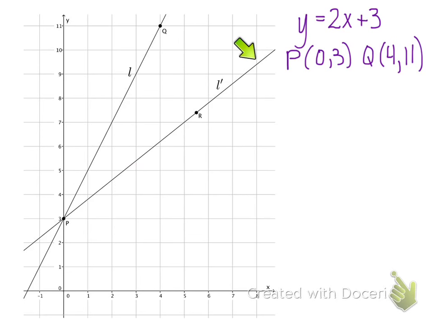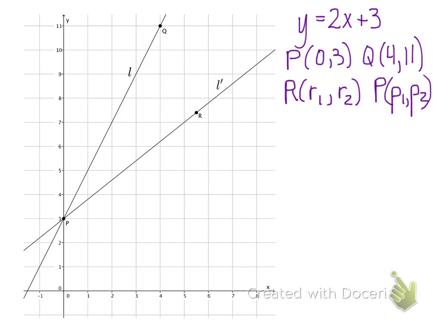Our goal is to show that the slope of L prime is 2. Because, as we talked about in the last lesson, there are not two lines that pass through a given point with the same slope. There's only one. And so if we can show that this line has a slope of 2, then they're the same line. Okay, so how are we going to do that?